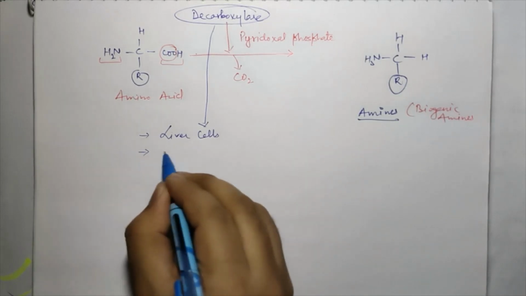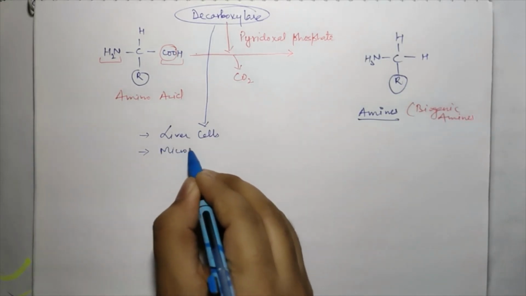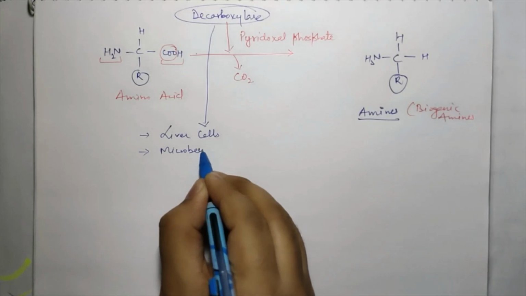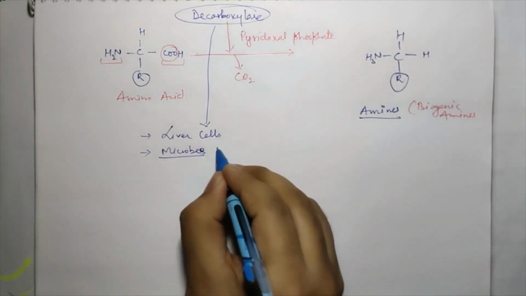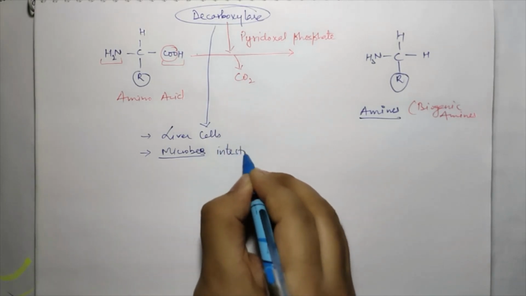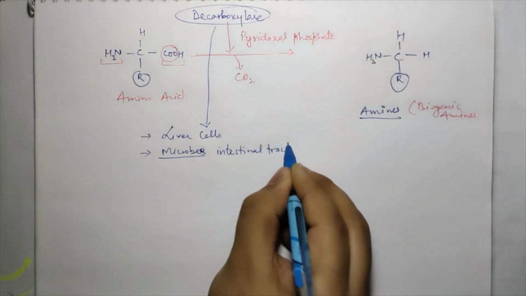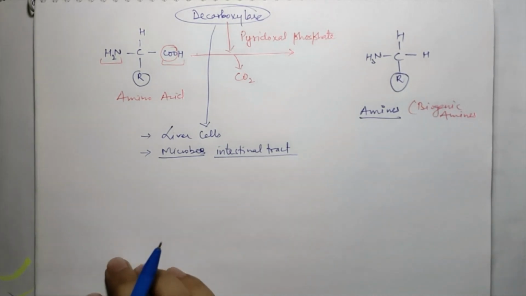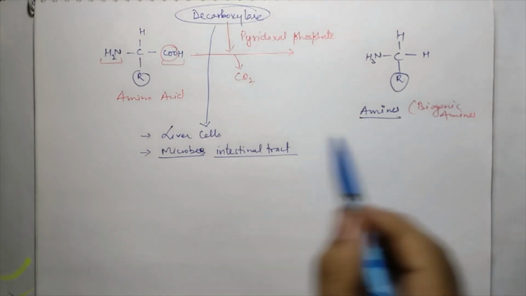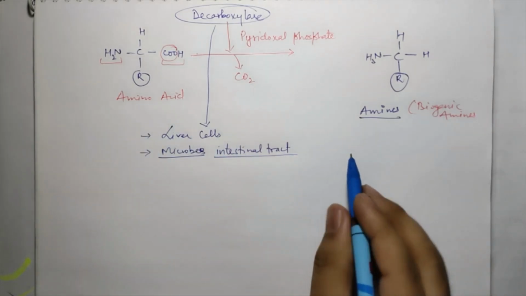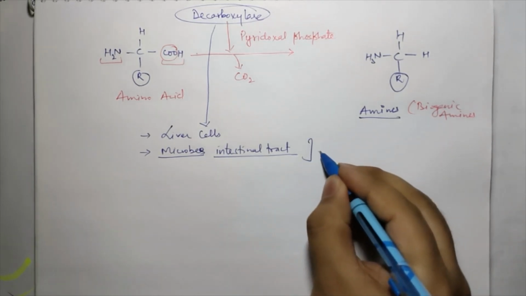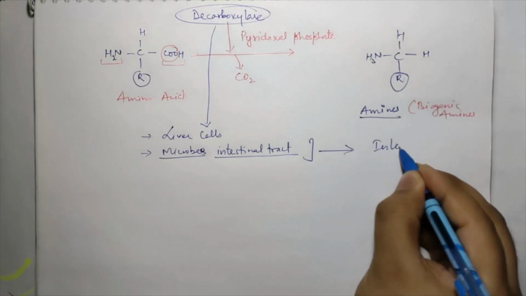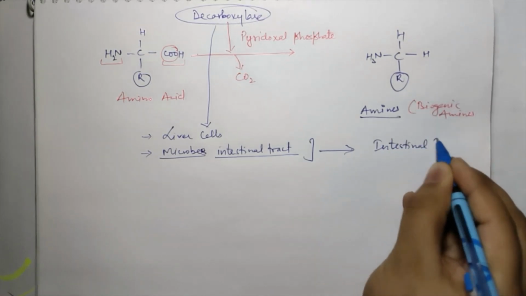But there are also a number of microbes in the intestinal tract which convert amino acids into toxic amines and release them in the intestinal tract.